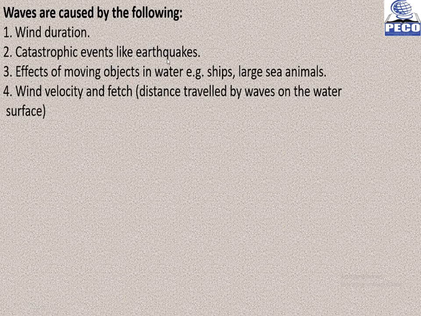Two, these waves can be caused by catastrophic events. For example, an earthquake. We looked at earthquakes in the land forming processes, and we said earthquakes are violent movements of the Earth's surface or the Earth's plates, and they are caused when two plates collide against one another, causing a sharp or a violent movement underground.